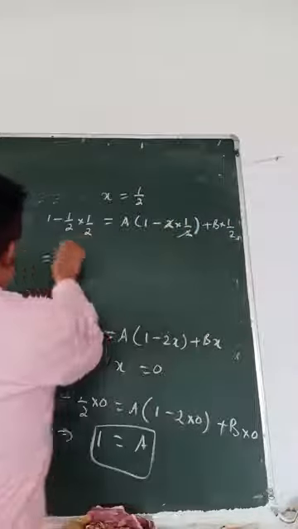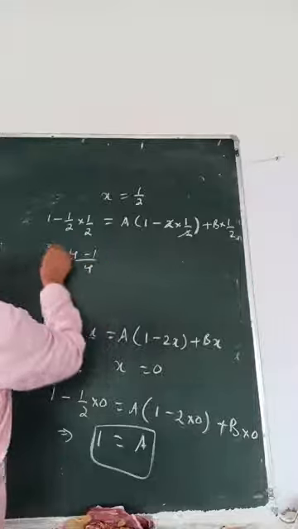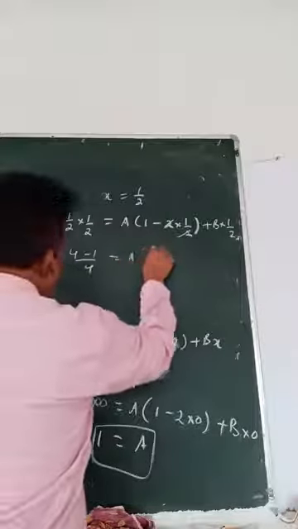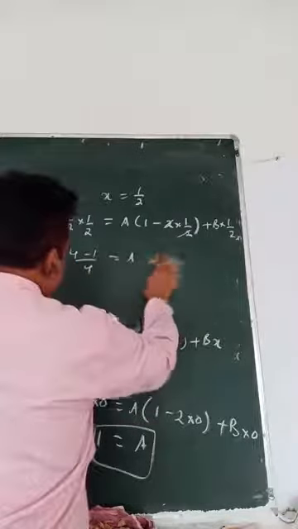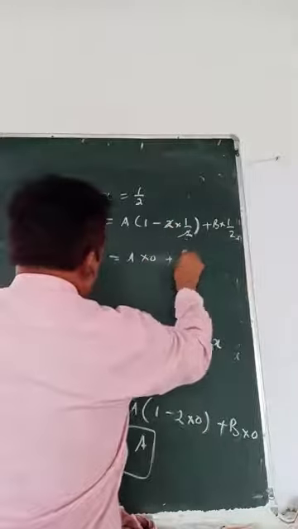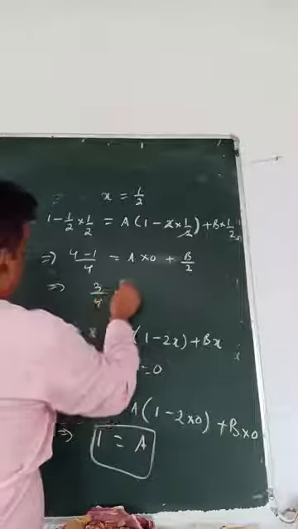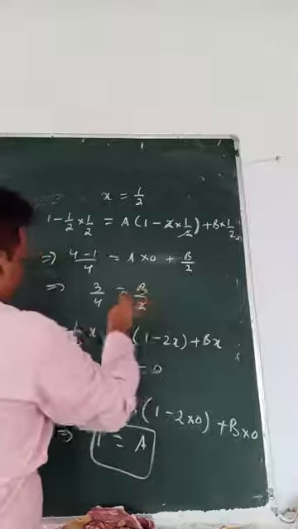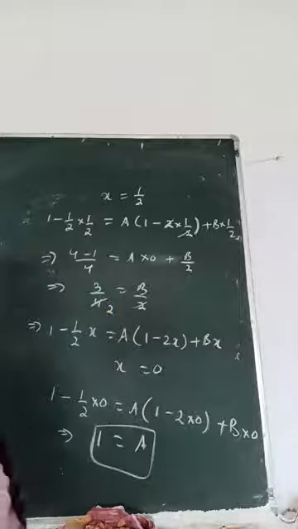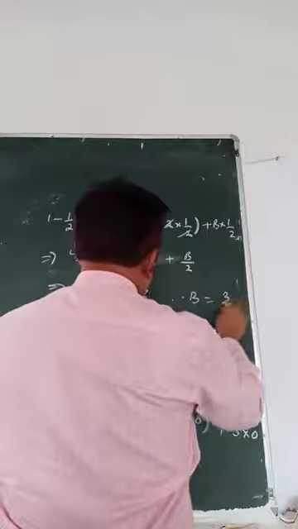So this is 3 by 4, equals A into 0, because 1 minus 1 is 0, plus B by 2. 3 by 4 equals B by 2. 2 you can cancel here. So B equals 3 by 2.